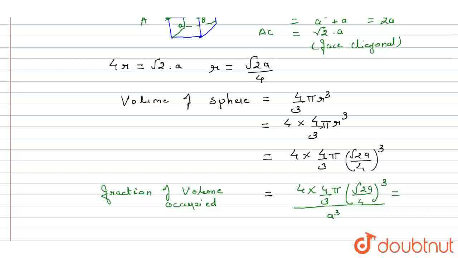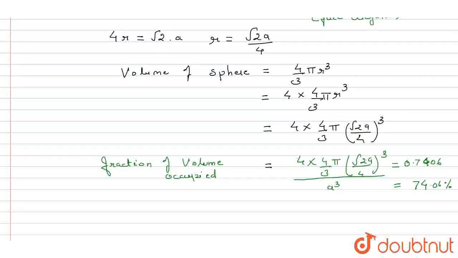Now from this we get the value that is 0.7406, that is equals to 74.06%. Now from this, we can say that the value for FCC or CCP is equals to 74.06%.